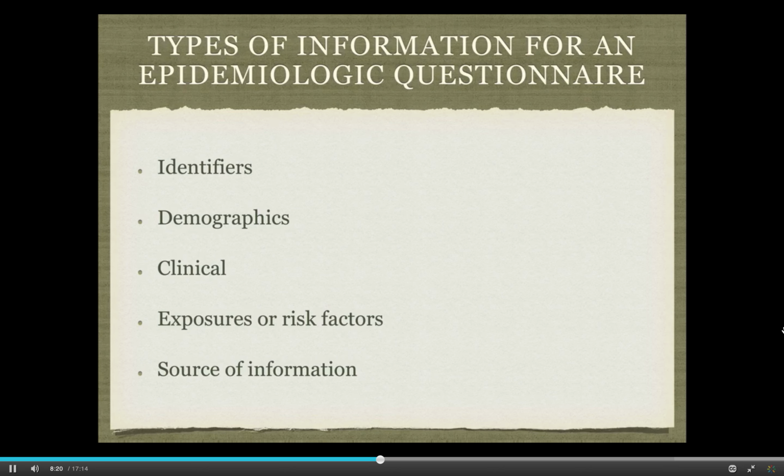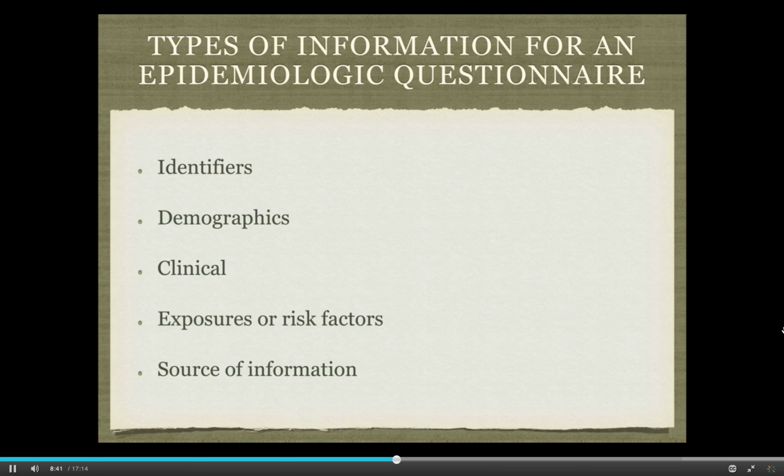Then we might have our clinical data, and these are usually based on our dependent variables. So it might be that we're trying to assess obesity, and so we're looking at weight, we're looking at height as our outcome, we're looking at waist circumference, we are looking at waist-hip ratio, and these would represent our clinical data.